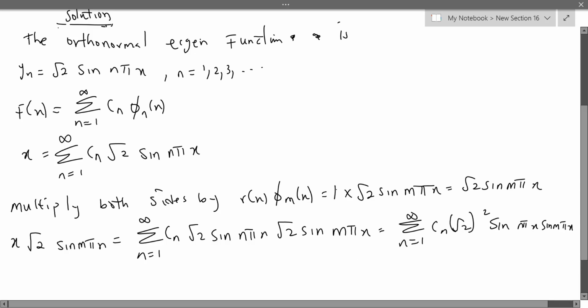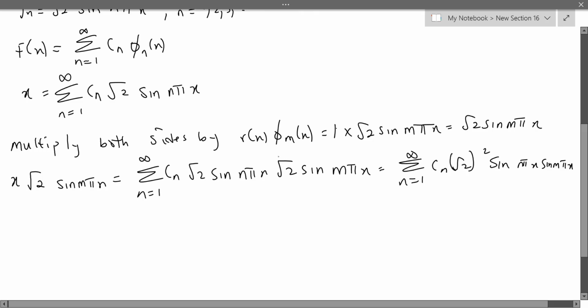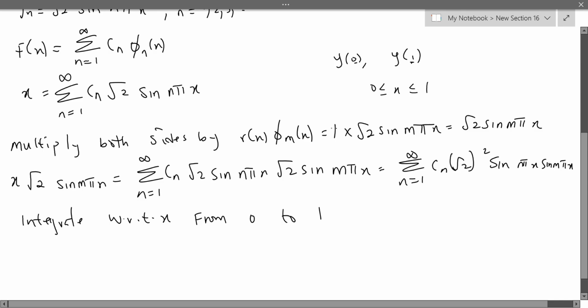After multiplying both sides by r of x and phi of m, the next thing is to integrate with respect to x from 0 to 1. We don't use a to b here because the given interval is 0 to 1. I picked it from the initial conditions. So that is the interval on which the problem is defined.